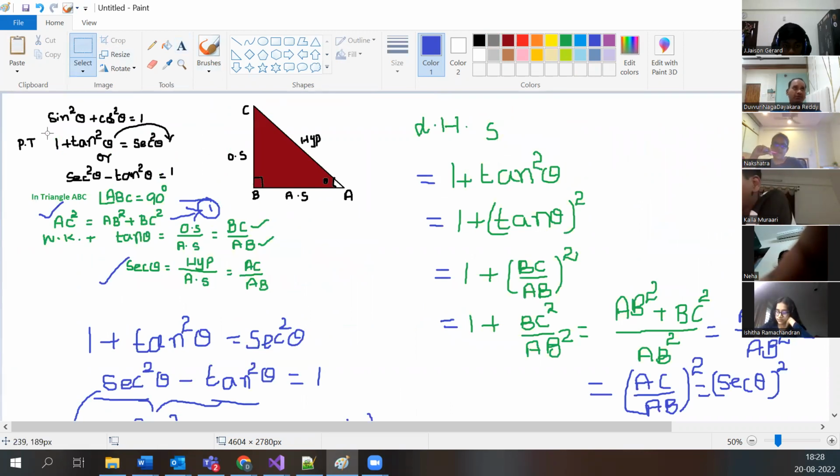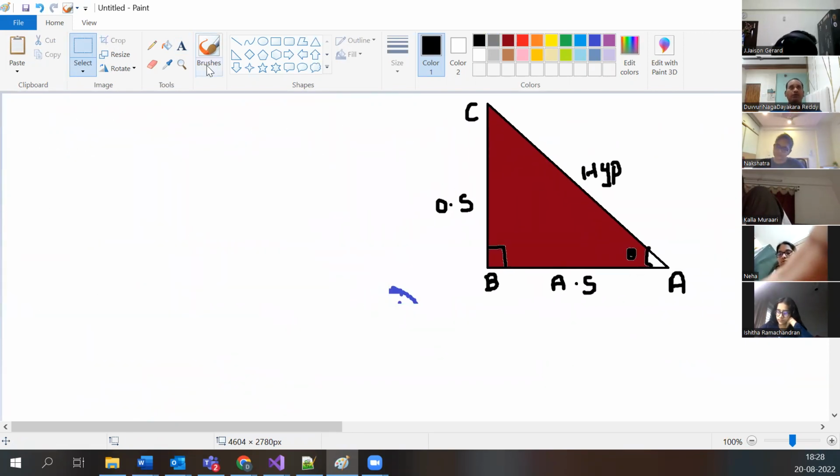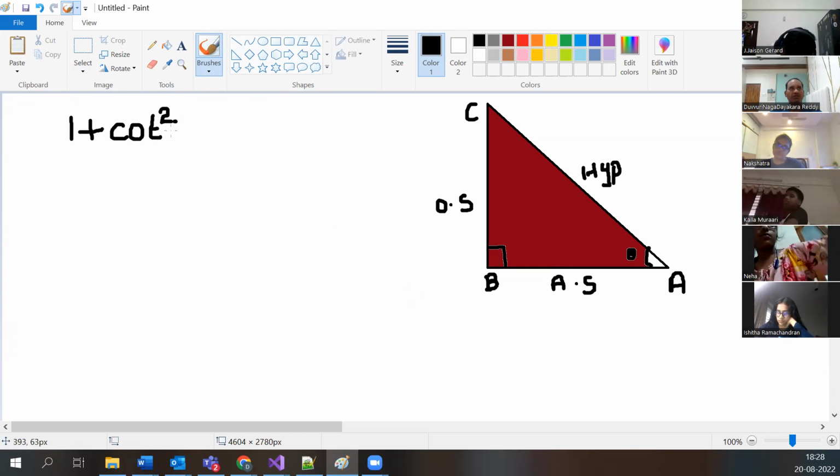Prove that 1 plus cot square theta equal to cosecant square theta.